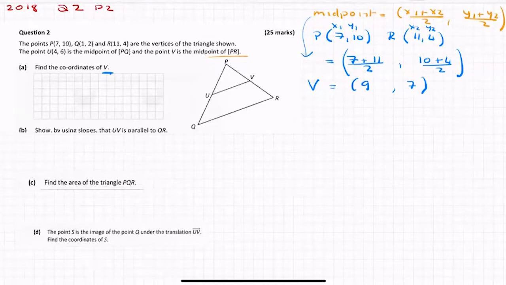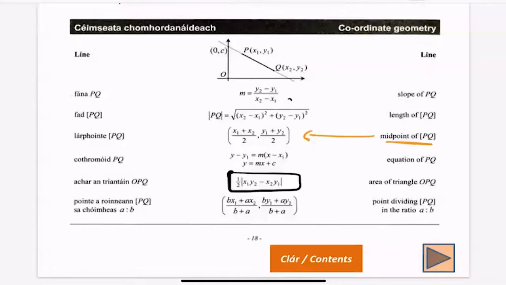Show that by using slopes, UV is parallel to QR. Okay, so slopes. So my slope formula, M, where am I pulling this from? I'm done with my midpoint.